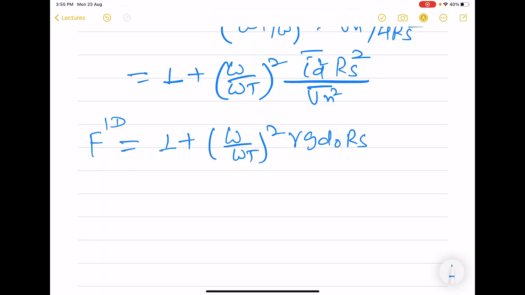Here we can see that we have 1 and a factor which is second order in omega by omega T. So this one is going to be very small, and this term will reduce very fast as the gap between omega and omega T increases.